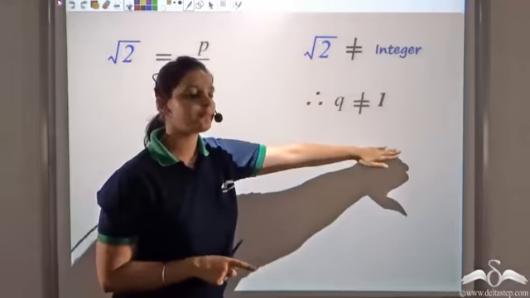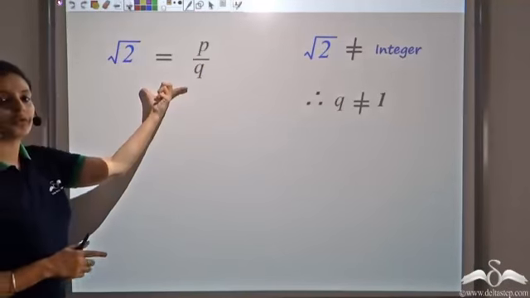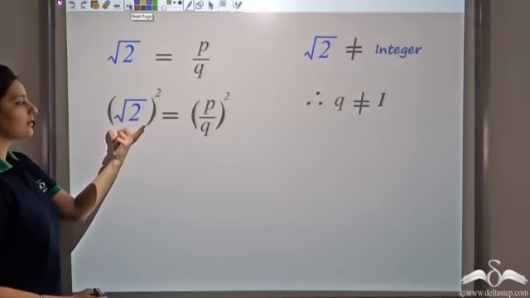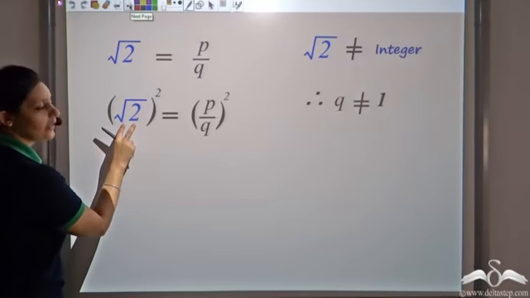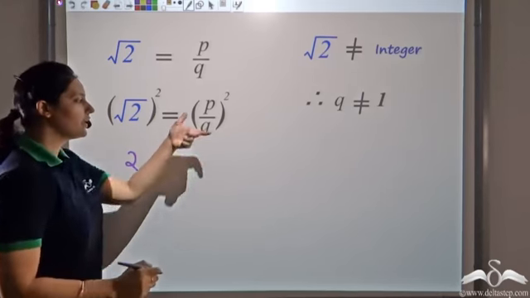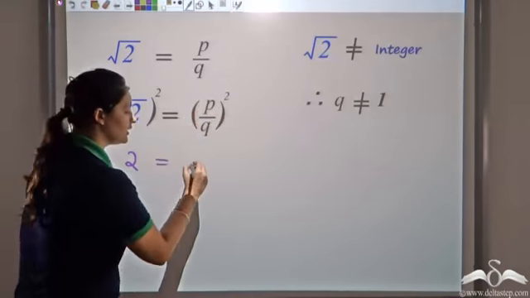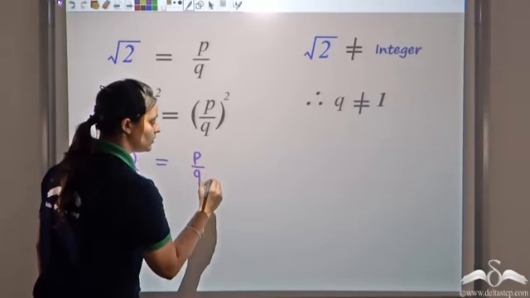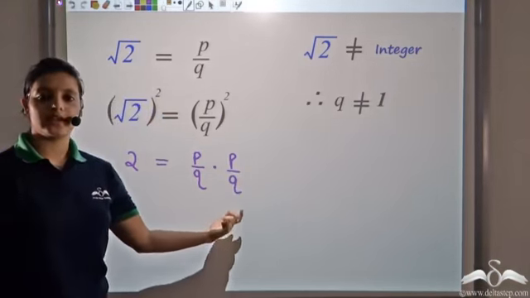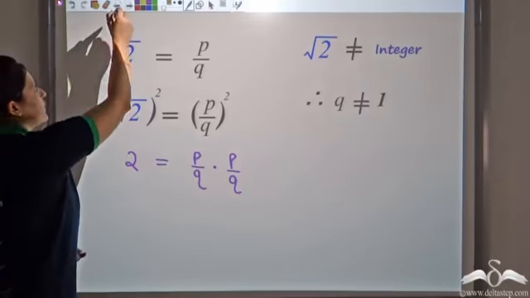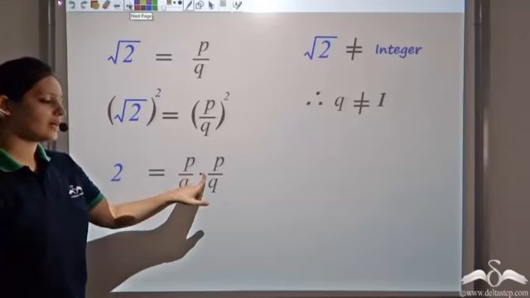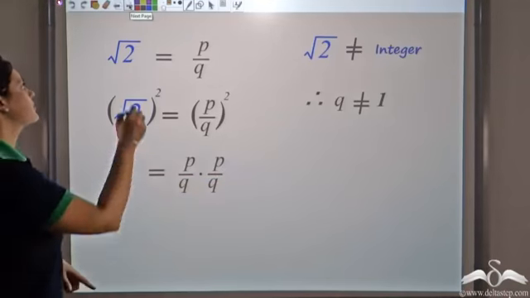Now what I do is I square both these sides. Squaring under root 2, we know we get 2. And this is equal to p by q squared, that is p by q multiplied by itself 2 times. P by q times p by q. Now I know how to multiply two rational numbers.